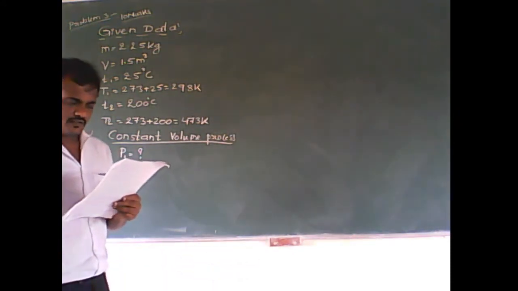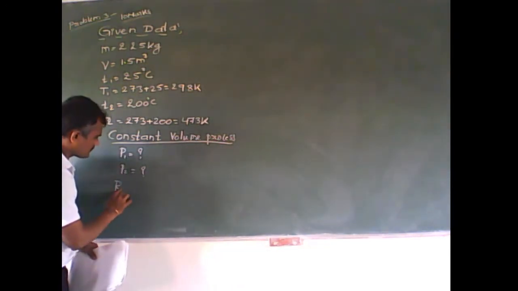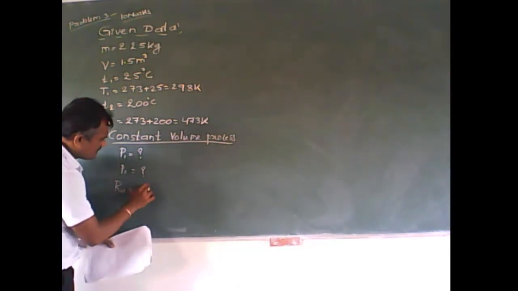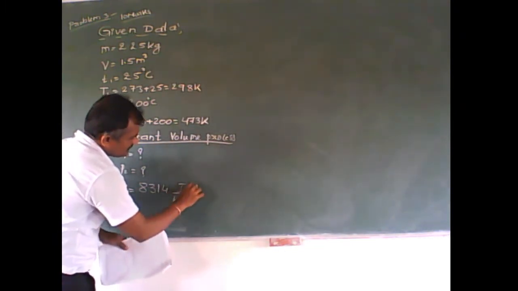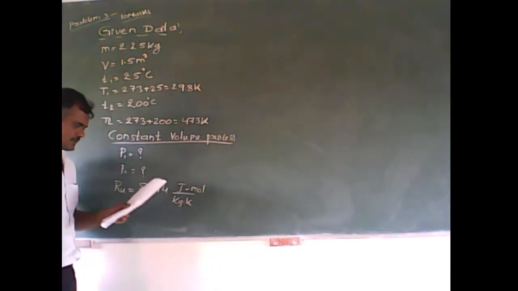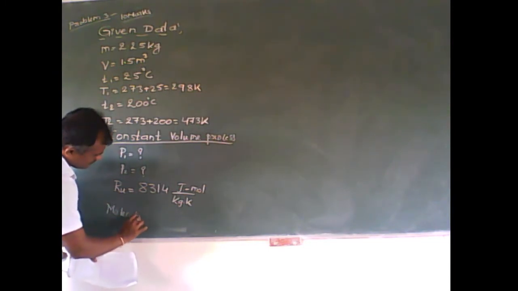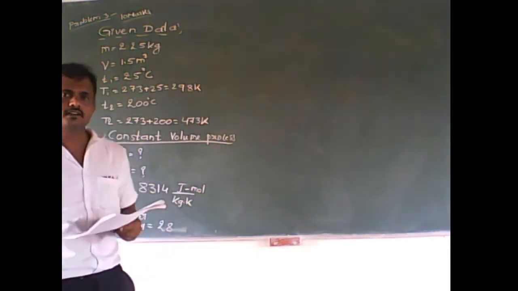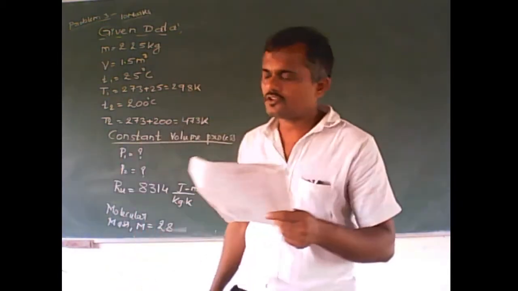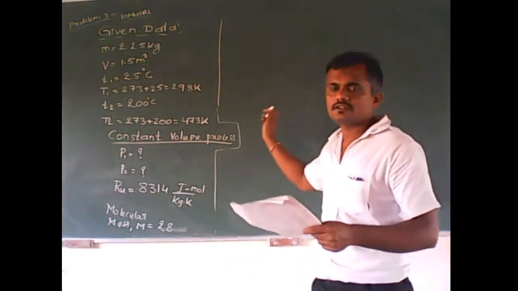Universal gas constant is RU, given as 8314 joules per kg mole Kelvin. Molecular mass m is given for nitrogen gas as 28. So this is the given data, and here we will solve the problem.